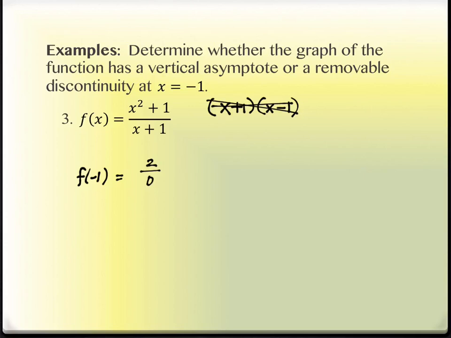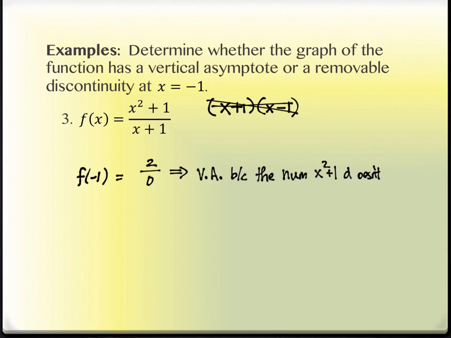So this is what we're ending up getting. And of course, this is no good in terms of an actual value. 2 divided by 0 is not a number. It's undefined. But this tells me that there's a vertical asymptote. And it's happening because the numerator, namely x squared plus 1, doesn't factor at all.